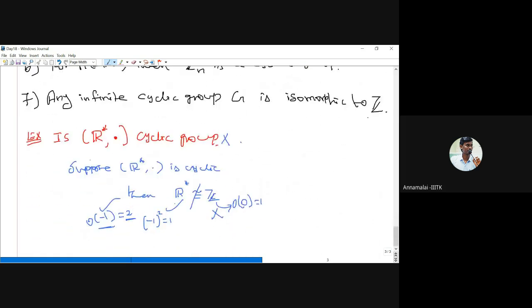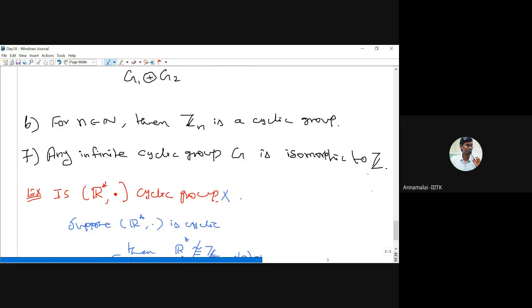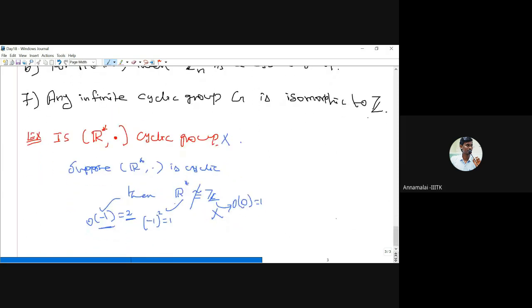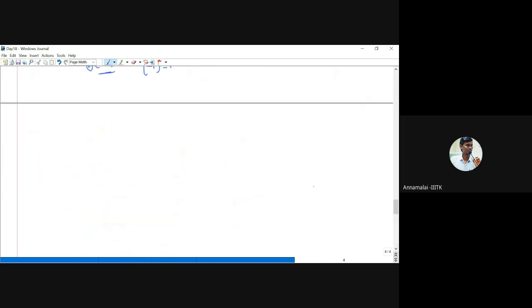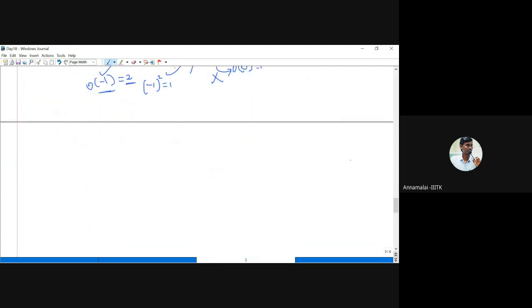Now we compare the fifth point and then the sixth point. We know that Zn is always cyclic for any n. If you take Zn and Zm, two cyclic groups, when is the Cartesian product cyclic?